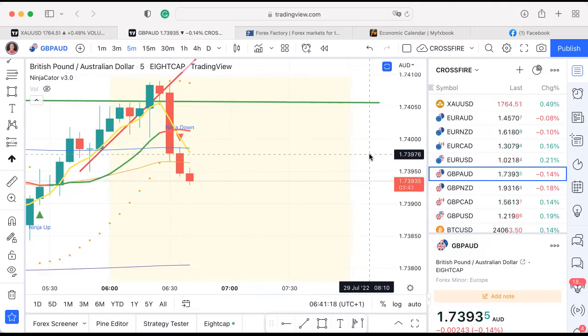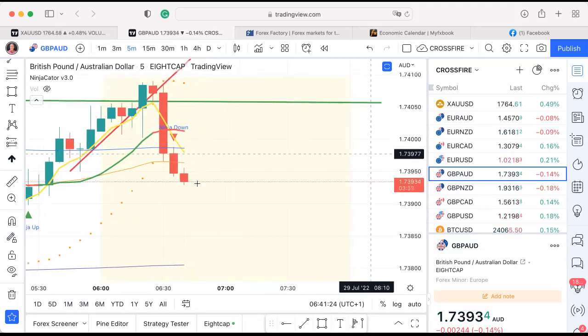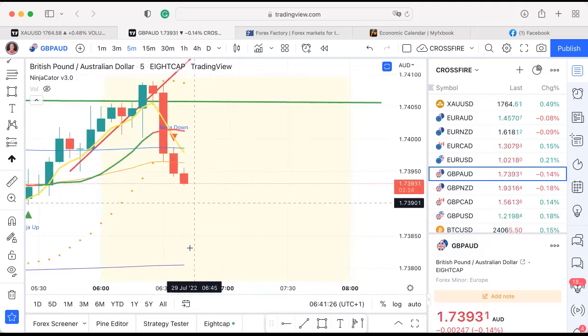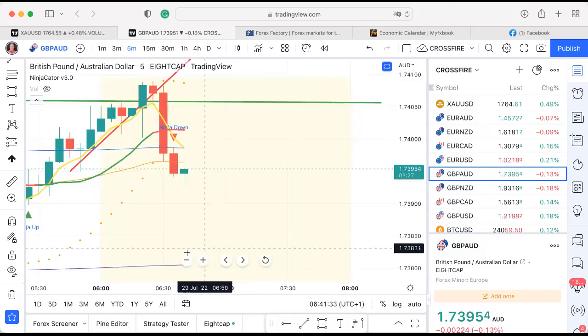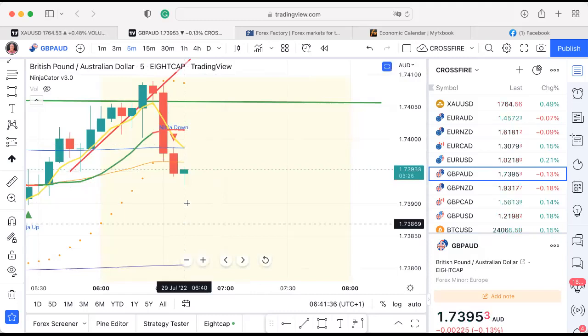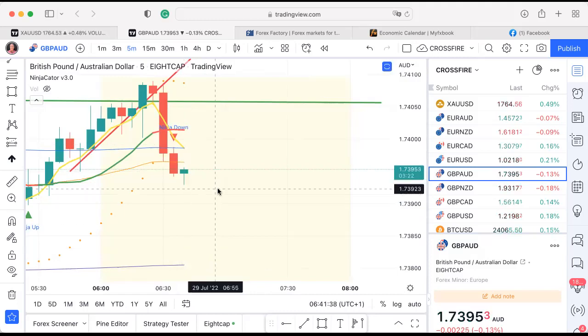I got caught out last time I took a trade live, but this is looking like a good move. If I got into this, I would set my take profit just above this line, and I might get out once it got to 10 pips.